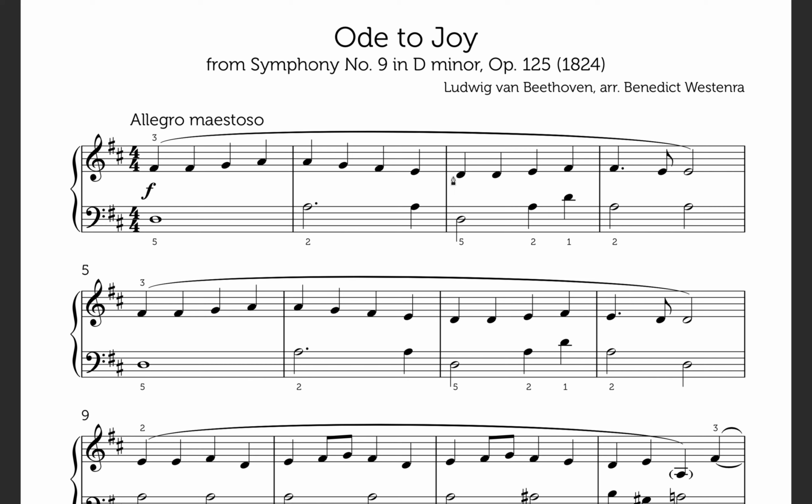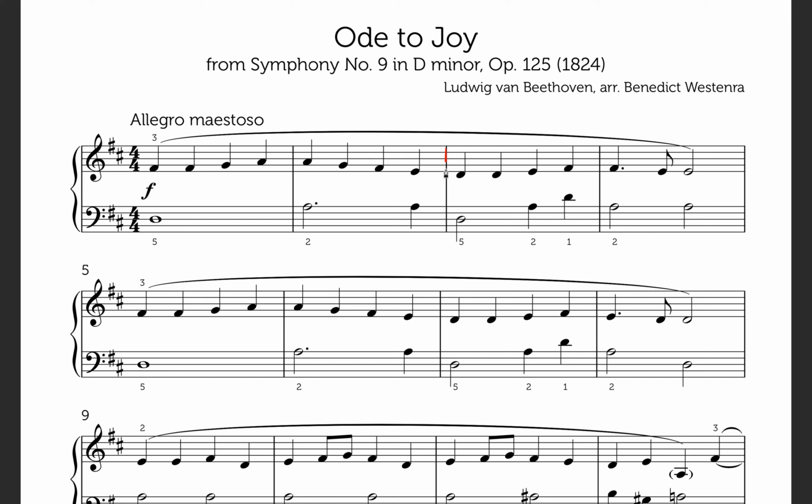Bar lines in music notation are just ways of dividing up the score to make it easier to read. So for instance, as a side note, Satie's Gnossienne number 1, which is also arranged in my intermediate classical course, was originally published with no bar lines. It just had a kind of unending stream of notes which weren't divided up at all, and it was still perfectly possible to read it rhythmically.